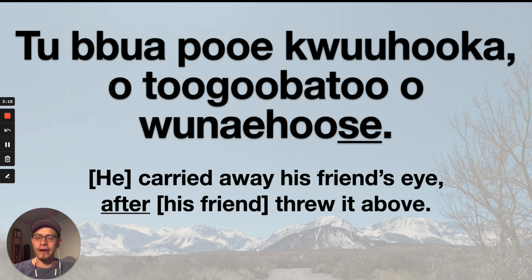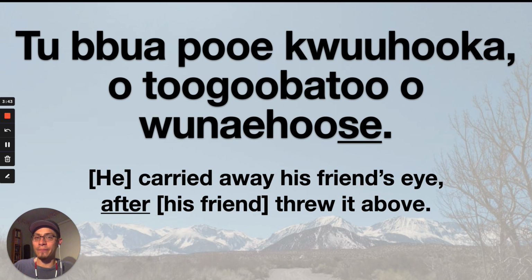Here's a story from Harold Miller from Walker River. It says, Tubua puikuhuka utugubatu owanehusi. This says he carried away his friend's eye after his friend threw it above. Notice the verb wanehusi at the bottom here with the si suffix. It occurs way at the end.